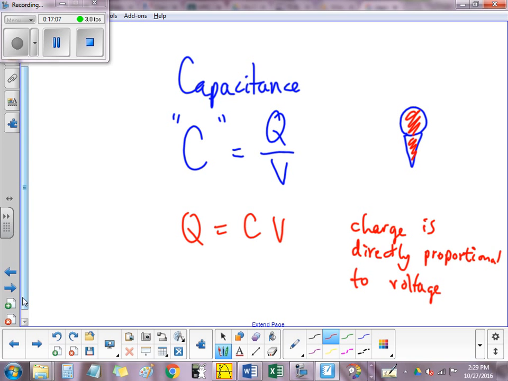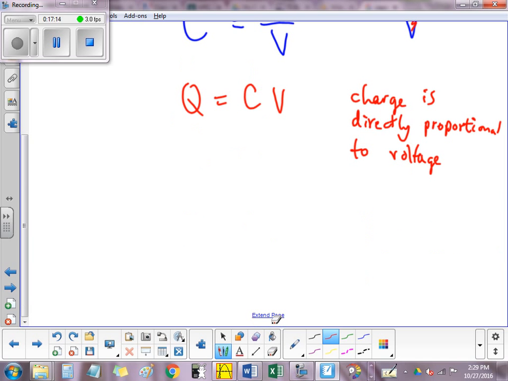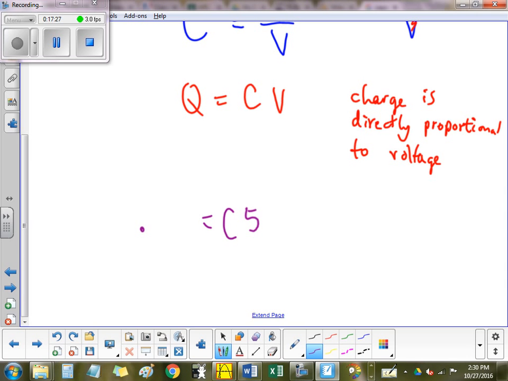Okay? Charge is directly proportional to voltage. And what is the constant of proportionality? Okay, here's what I'm saying. Let's say you take a 5-volt battery. You hook it up to a capacitor. And you find, lo and behold, you have stored 0.02 coulombs.